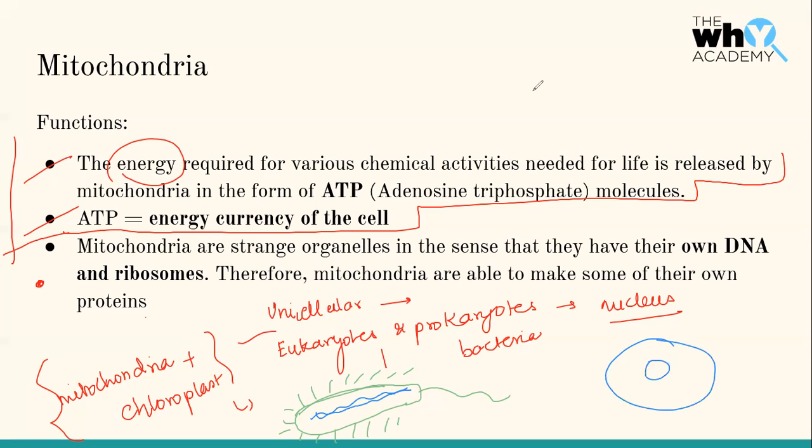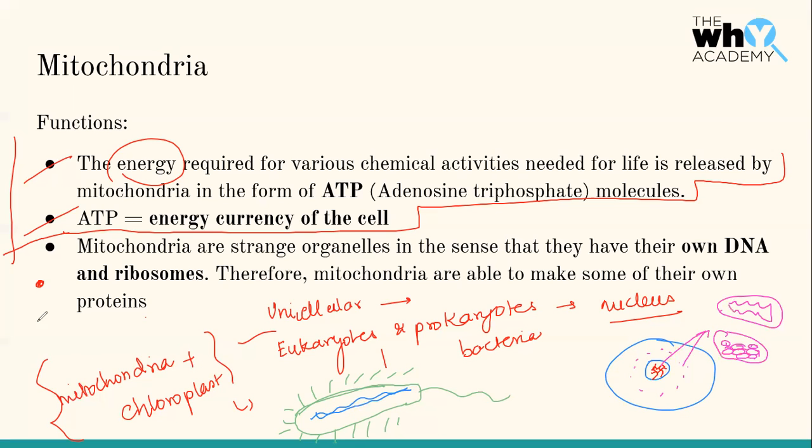This is what we studied, that the nucleus contains all your genetic information, it contains your DNA, etc. Correct. And ribosomes are the ones floating around in the cell and attached to your rough endoplasmic reticulum. Now, when I'm telling you that they have their own DNA and ribosomes, it means these two structures are present inside the mitochondria and inside the chloroplast individually as well.